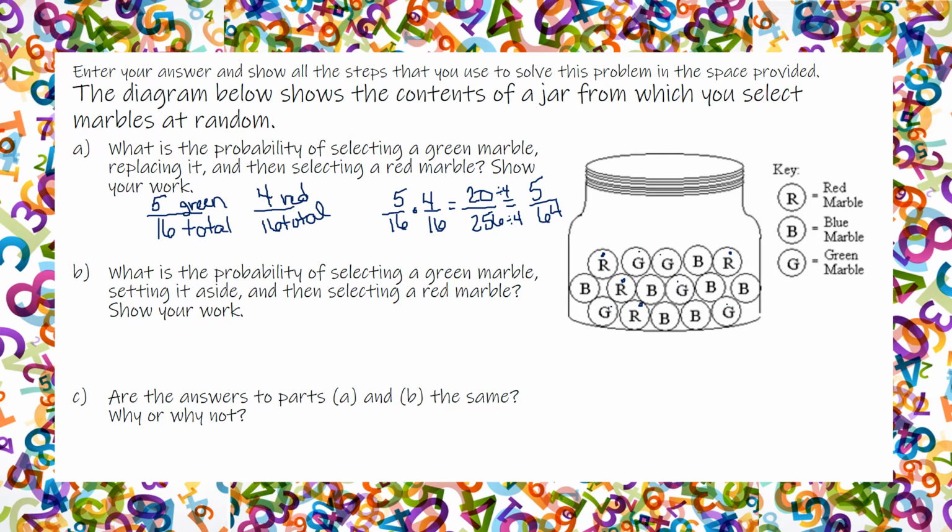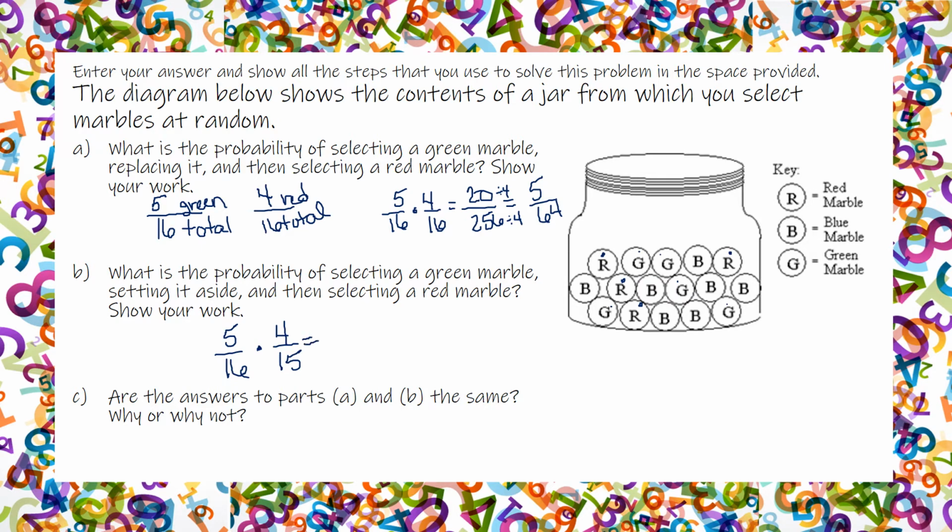What is the probability of selecting a green marble? Well, we already figured that part out in the first problem. It was 5 over 16. Set it aside so we don't put it back in the jar. And then select a red marble. So we still got 4 red marbles in the jar, but we didn't put that one back. So now there are only 15 marbles in the jar.